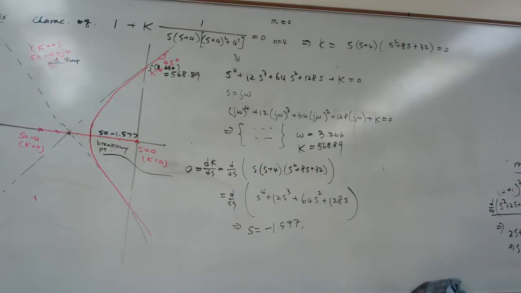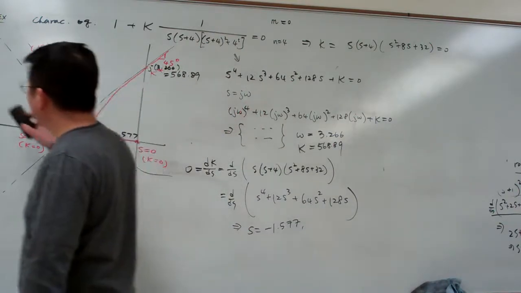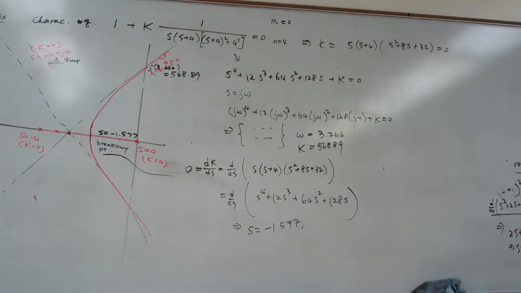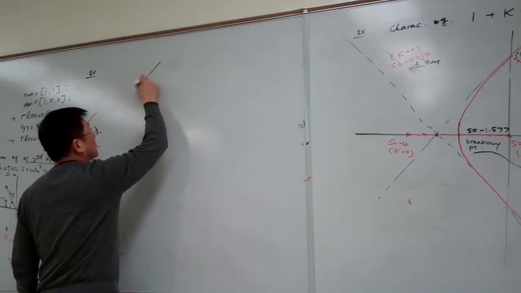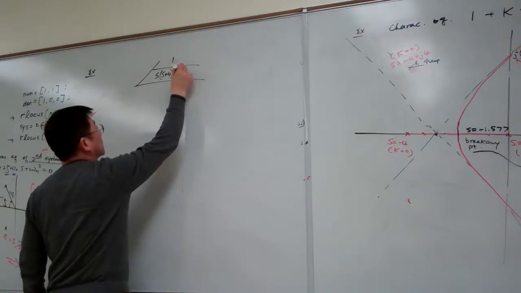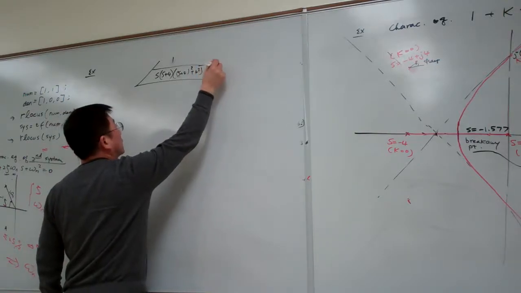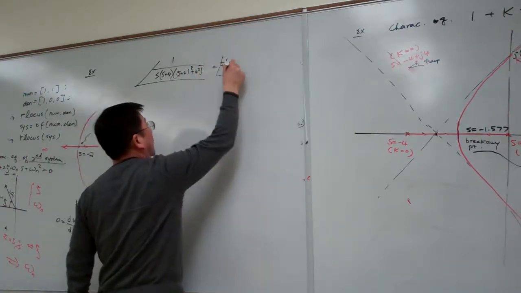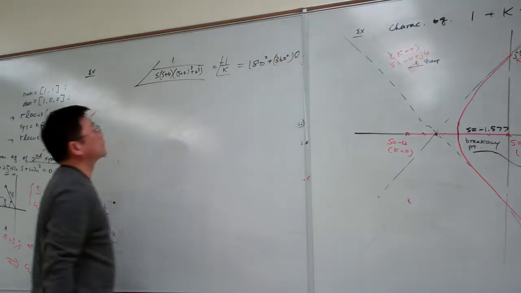Okay, so for this branch, then we can determine the departure angles. Again, we use the phase angle criteria, so that is the 1 over s plus 4 and s plus 4 squared equal to minus k angle equal to 180 degrees plus 360 degrees times L. Okay, good.